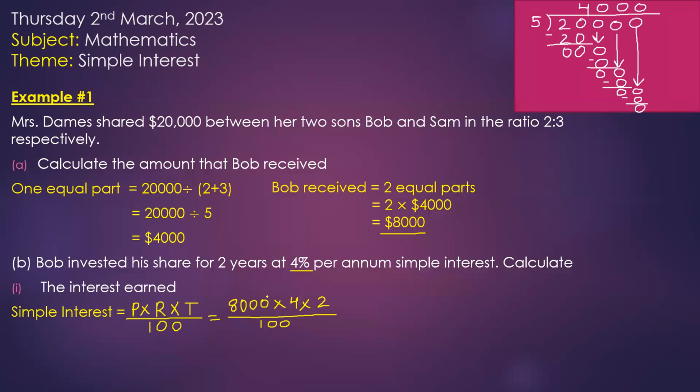So we cancel out. This 0 goes with this 0, and that 0 goes with that 0. So we're left with what? 80 multiplied by 4 multiplied by 2, divided by 1, is going to be equal to, what is 80 times 4? 320.